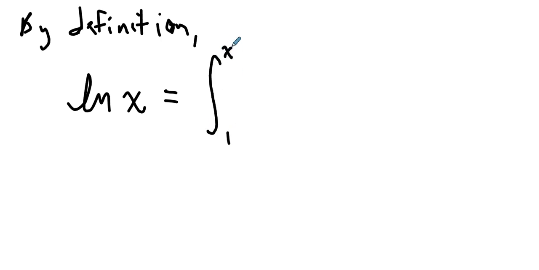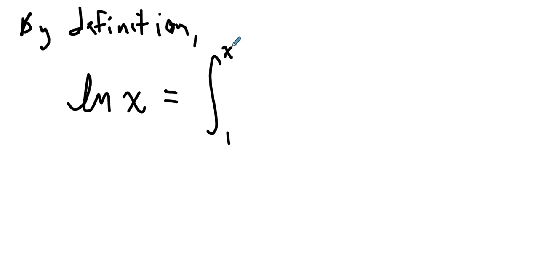By definition, when we talk about the natural log of x, and this is something that you probably studied in Algebra 2, you have a completely different frame of reference for what the natural log of x is. By definition, in our course, the natural log of x is an integral.